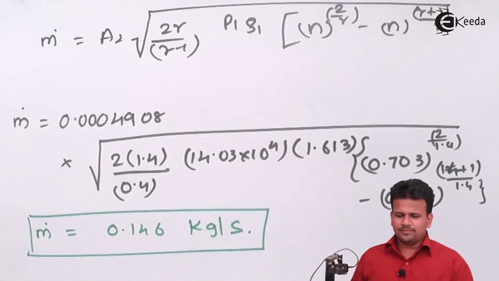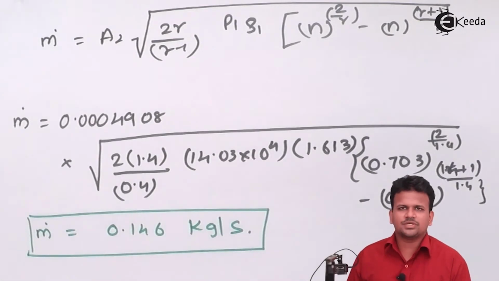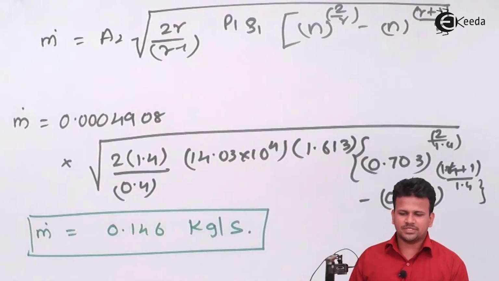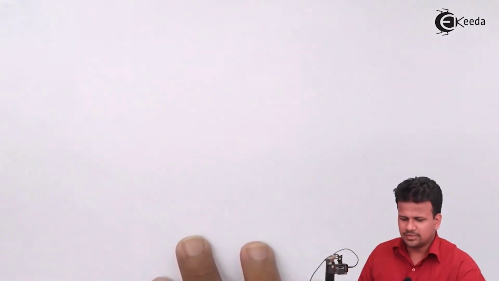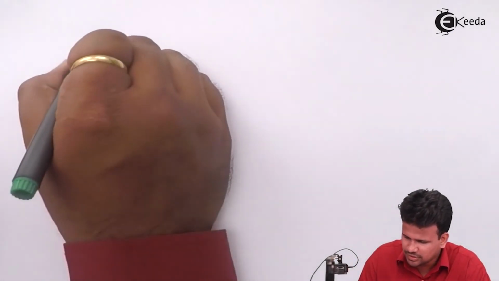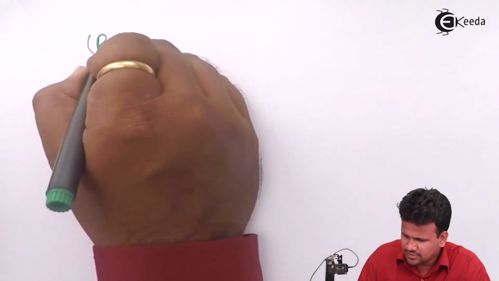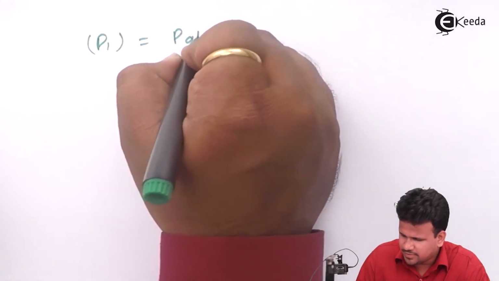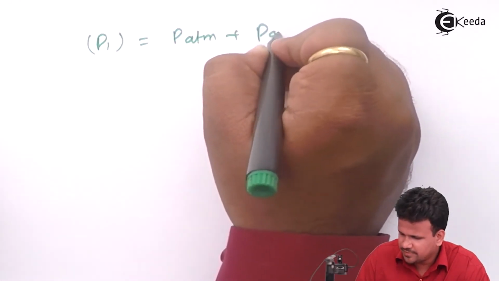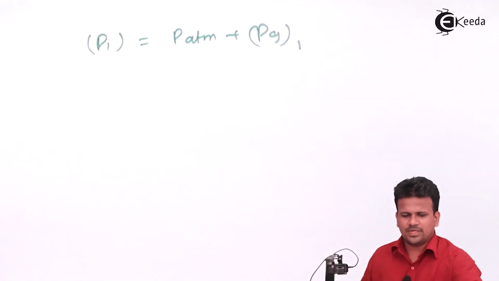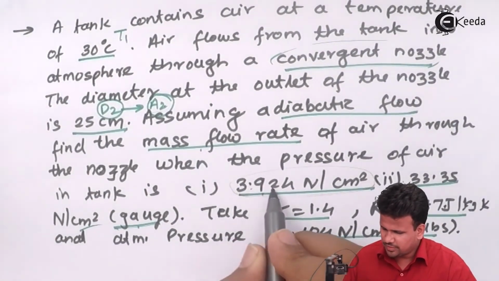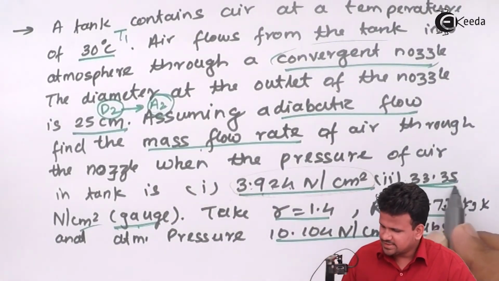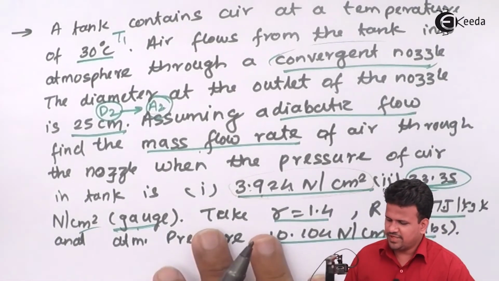So in our problem, there was not only one initial pressure, there were two initial pressures. The initial pressure for the second part was P1 is equal to P atmosphere plus P gauge of 1. So let us go to our problem and check this out. For the first case it was 3.924. The second case is 33.35.